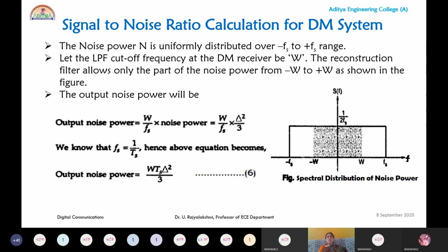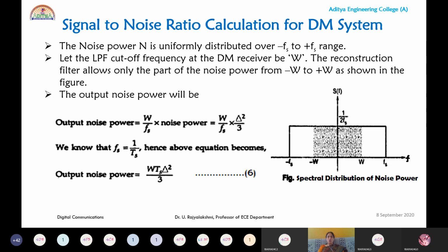Then the noise component will exist only for the range of W. So we can define the noise power as W by Fs into the actual noise power value, because out of Fs, the noise component exists only for a range of W. So we represented it as W by Fs into the original magnitude, that is delta square by 3.